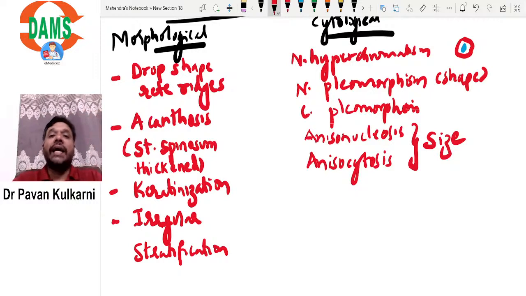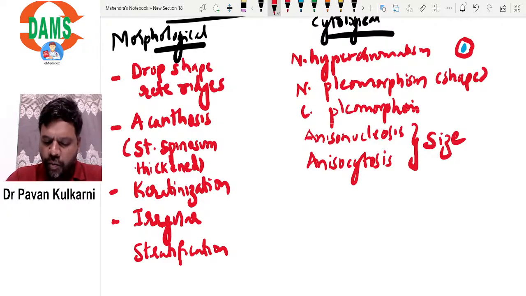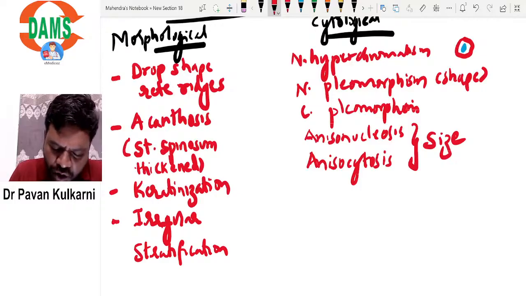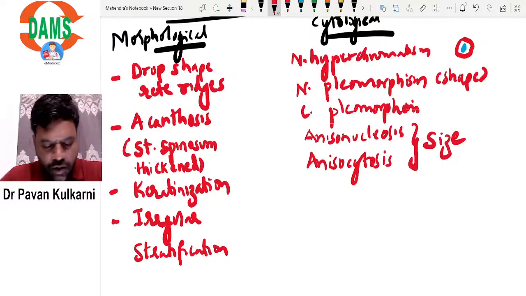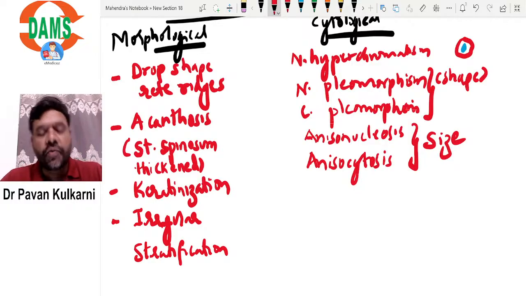I will call it anisonucleosis. If one cell is very large, one cell is very small, I will call it anisocytosis. So nuclear hyperchromatism, nuclear pleomorphism, cellular pleomorphism means shape. Remember, if shape changes, I will call it nuclear pleomorphism, cellular pleomorphism.